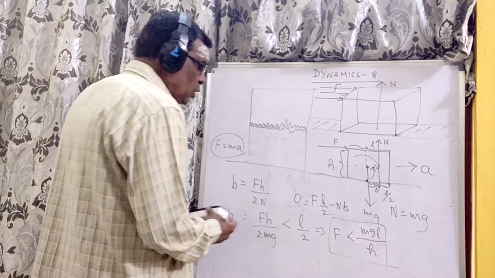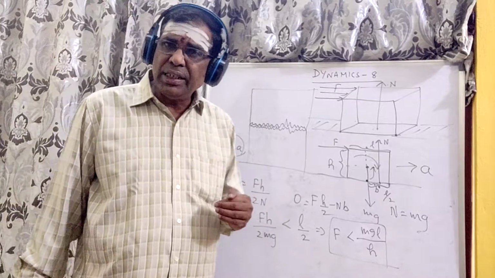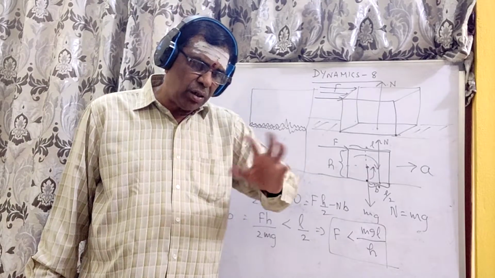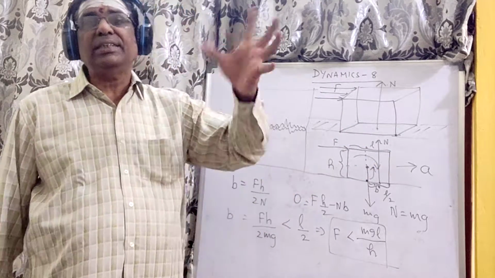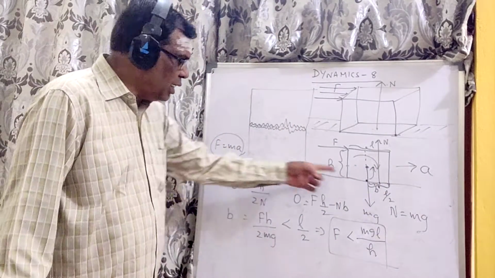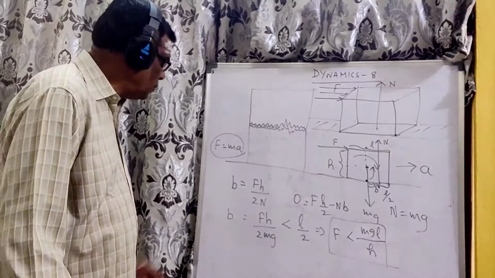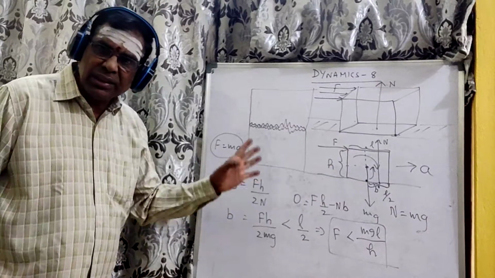So if F is greater than this, the body not only accelerates, it gets toppled also. I'll revisit this concept once I discuss friction also. For the time being, I'm sure this is more than enough.